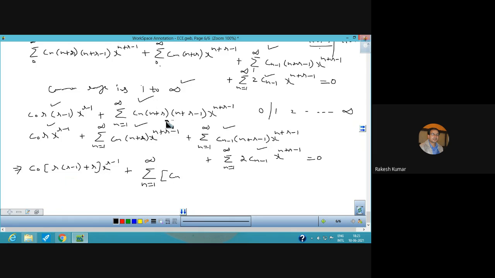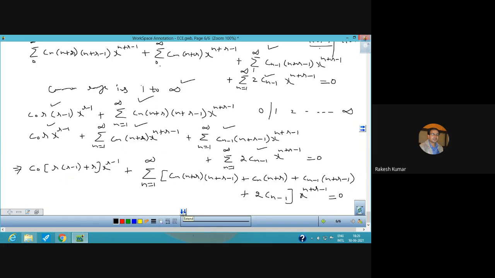Inside you will have Cn n plus r, and n plus r minus 1, and here you will have Cn n plus r, and here you will have Cn minus 1 n plus r minus 1, and here you will have plus 2 times Cn minus 1. Outside the bracket you will have x raised to power n plus r minus 1 is equal to 0.